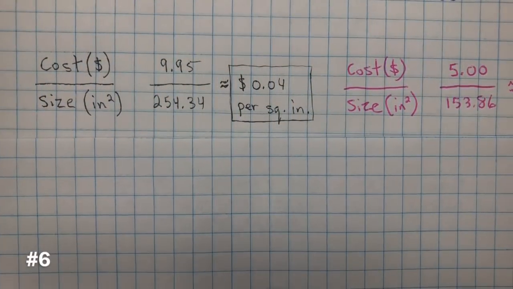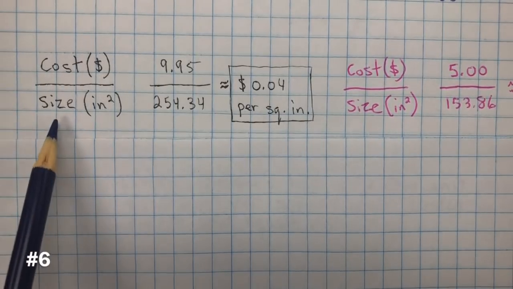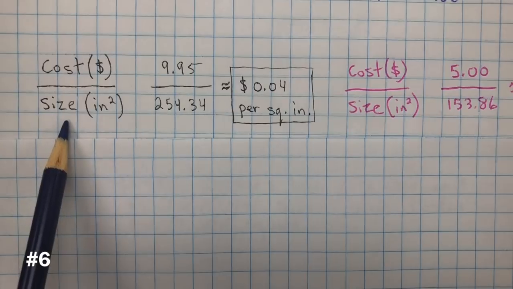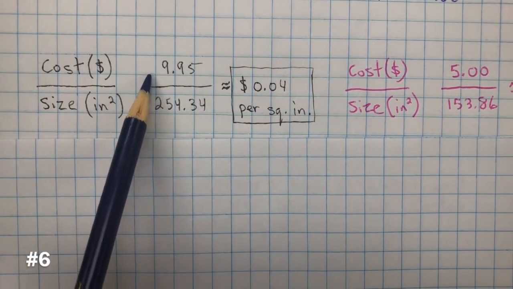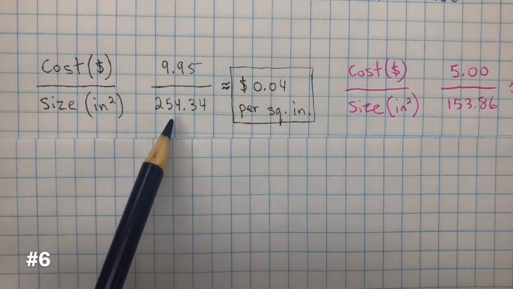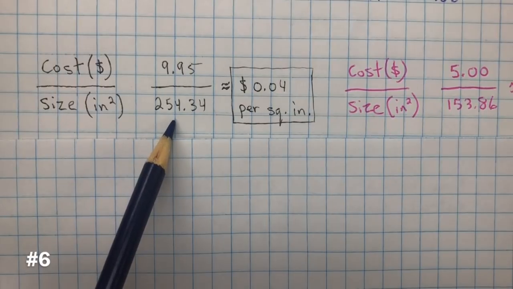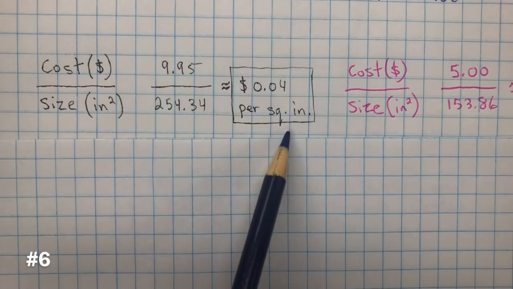So now we're going to find the unit rate, the cost divided by the size in square inches. The cost of the Costco pizza is $9.95 divided by the total square inches, which will give us 4 cents per square inch.